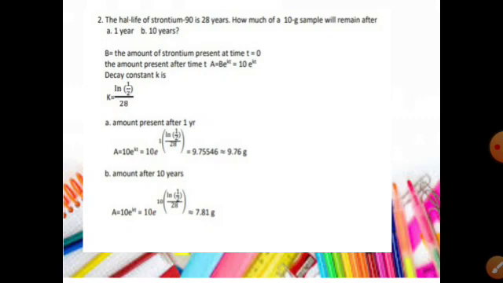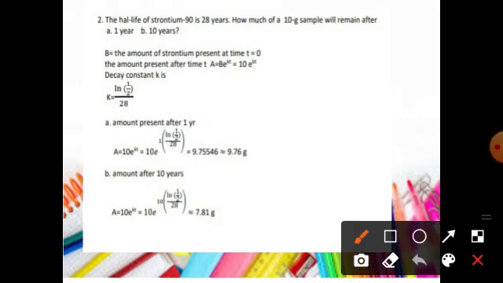So B is equal to the amount of strontium at time t equals 0. The amount after time t, A, equal to B e raised to kt, is equal to 10 e raised to kt. So the decay constant k is equal to ln of 1 over 2 divided by 28. So our constant k is this.